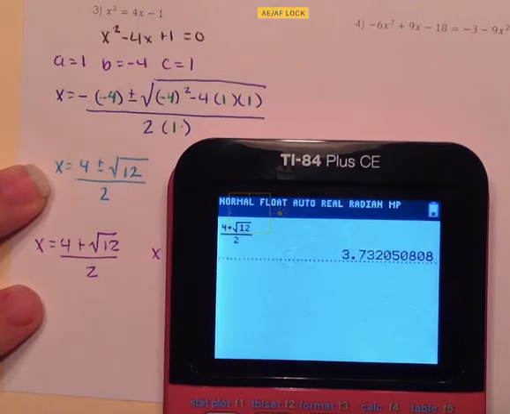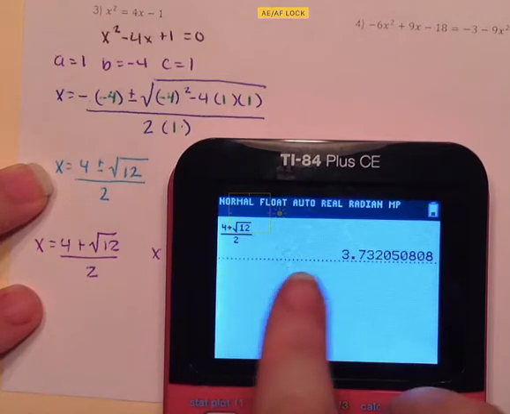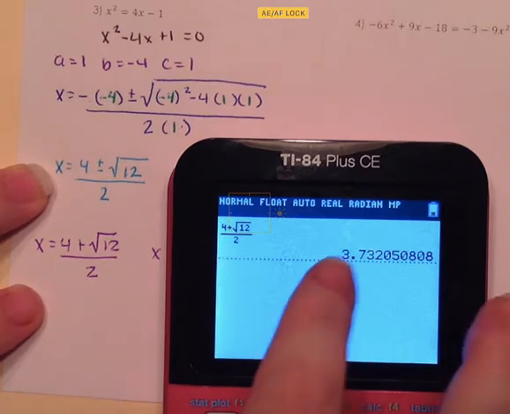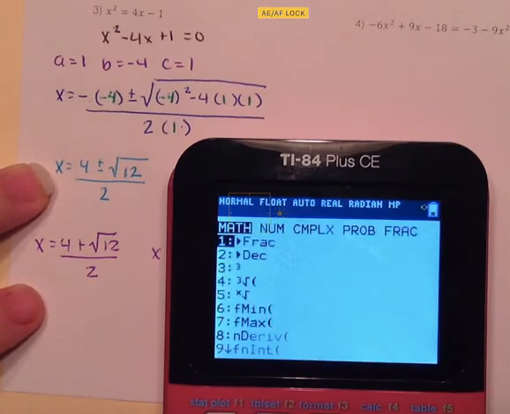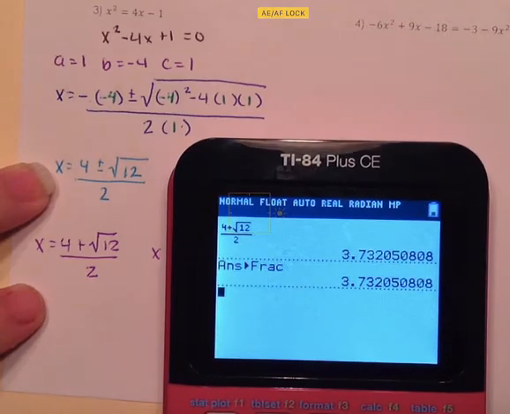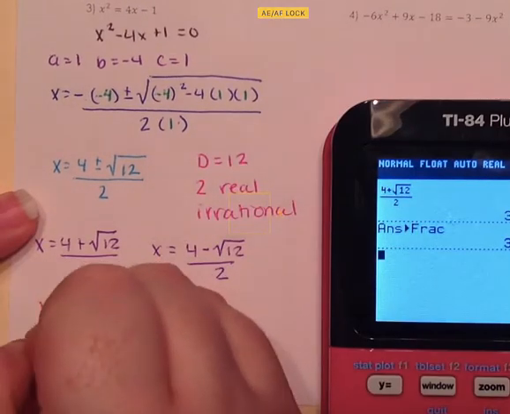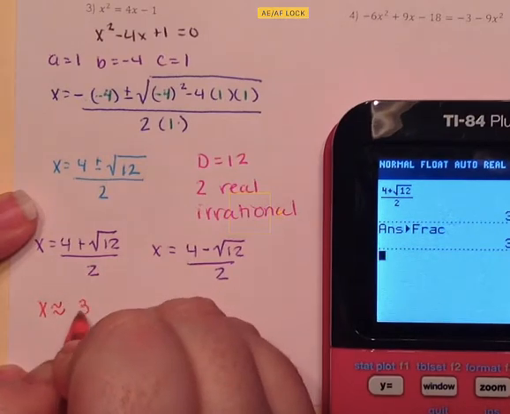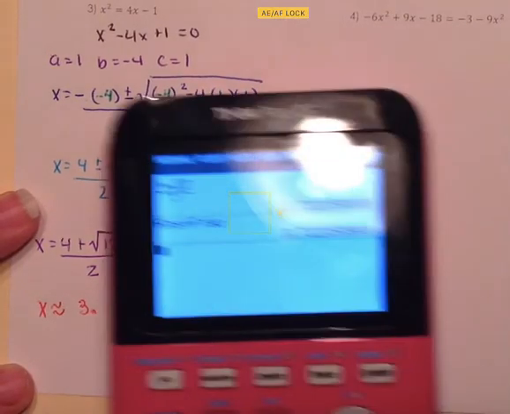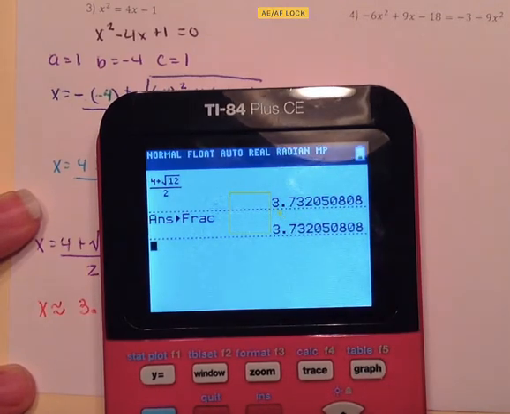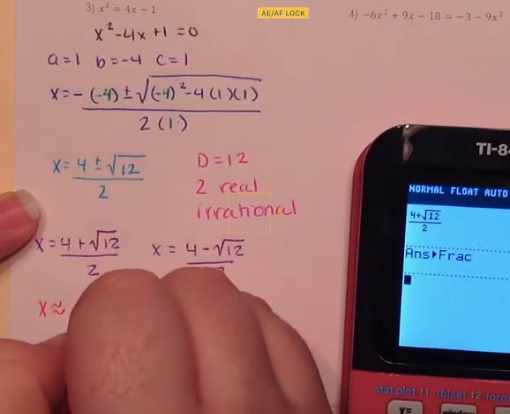Enter. And I get 3 and 73 hundredths. And because they're supposed to be irrational, it means that this should not go back to a fraction. So if I press math, enter, enter, it does not go to a fraction, so that's supposed to happen. So x is approximately 3 and 73 hundredths.